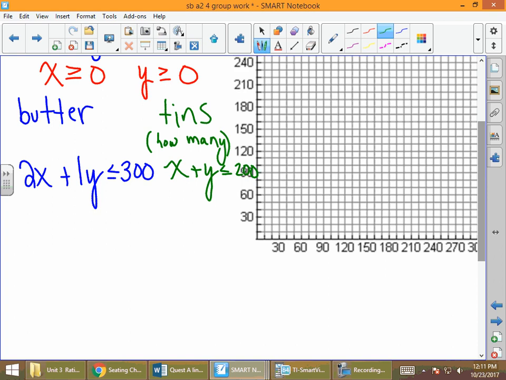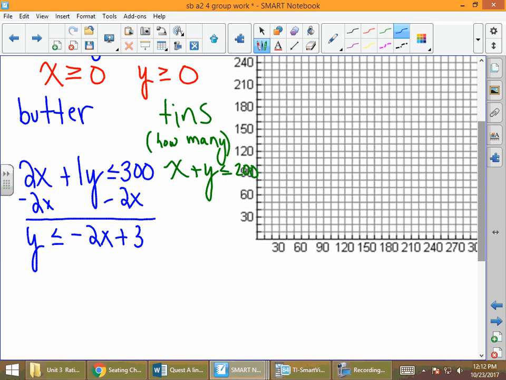For some of you at this point, you can say, I've got the rest of this, I can do this. But what we're going to do is put this back into slope-intercept form. We're going to subtract 2x from both sides, and we get y is less than or equal to negative 2x plus 300.